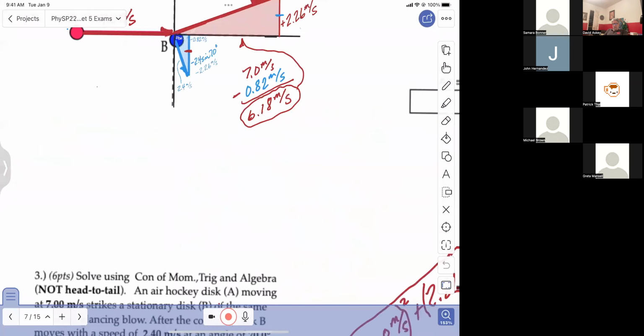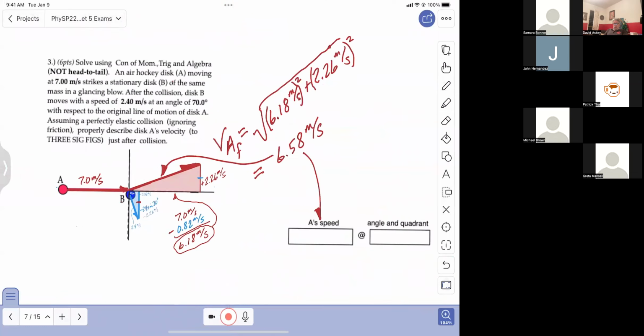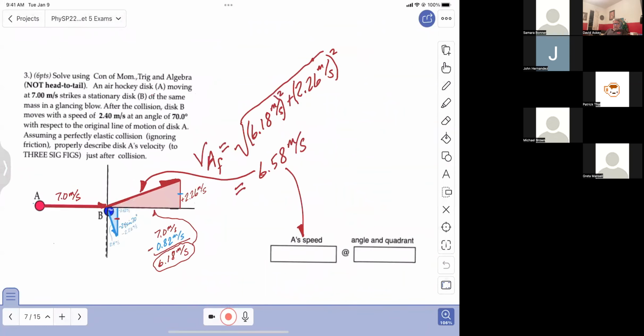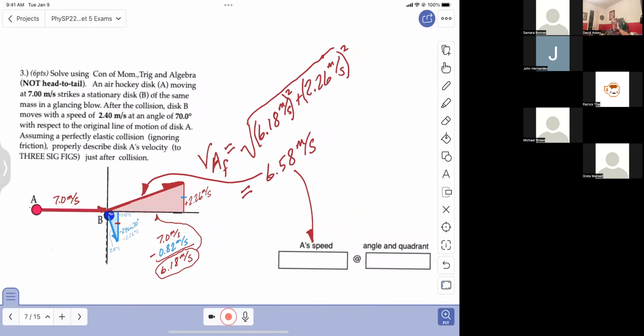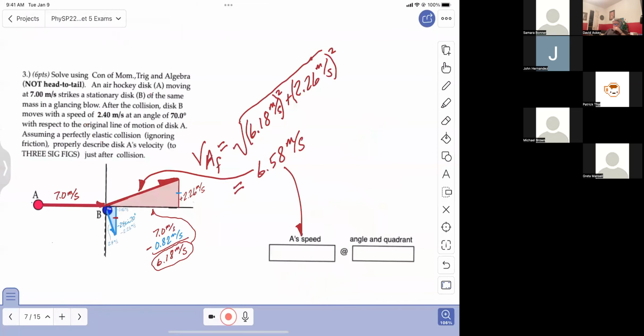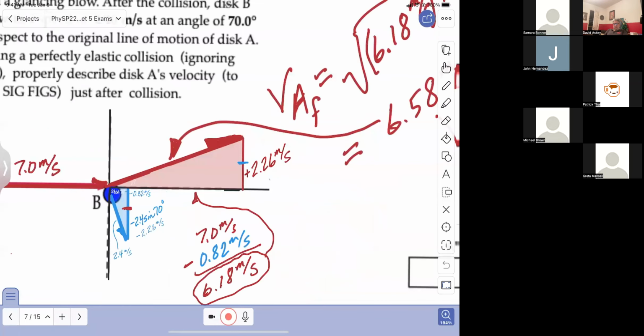I have confidence in you. Now we got to finish this daggone thing. And by the way, this is the shortcut version. I got to finish it. And so I got 6.58 there because I just did Pythagorean theorem.